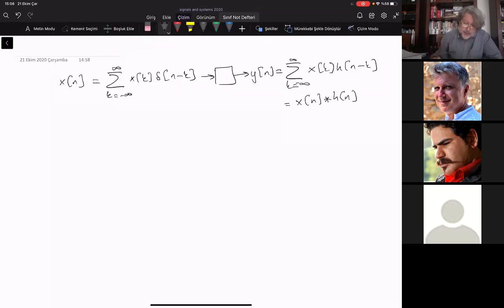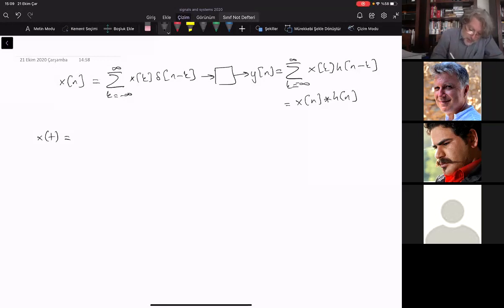Now, can we do the same thing for a continuous time signal is the question. And you have to follow very carefully what I'm doing here. I'm going to write x of t again as a linear combination of continuous time impulses scaled by the value, the coefficient of the impulse will be the value of the signal at the impulse position.